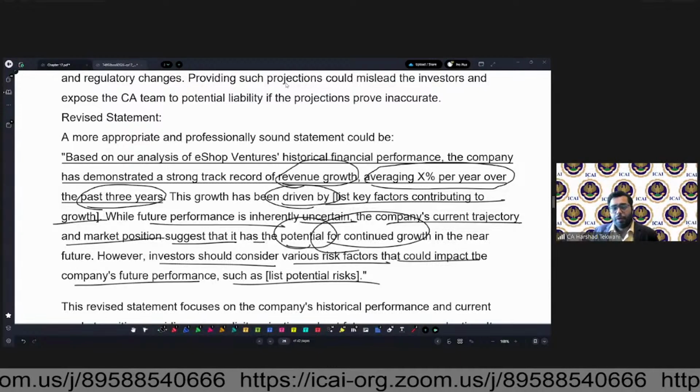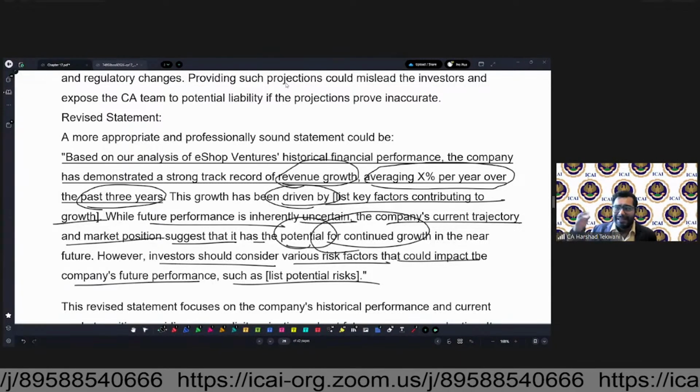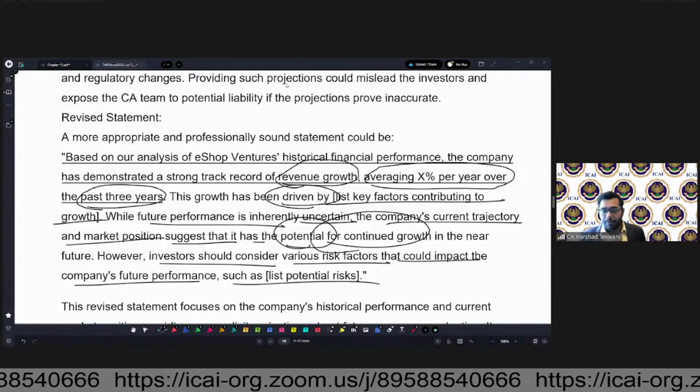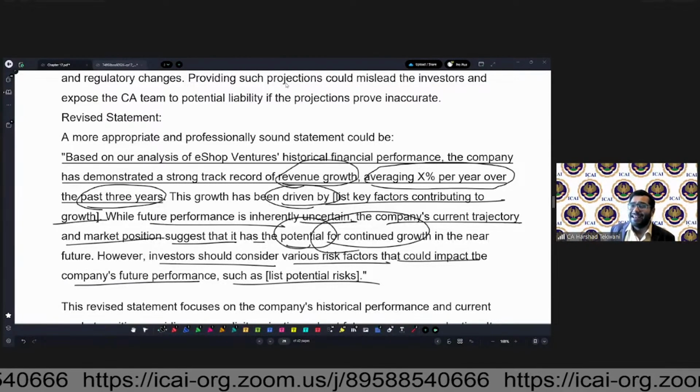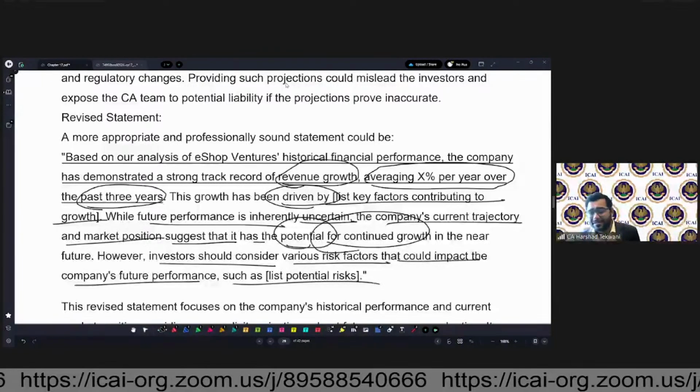Second question: when an investigation requires some understanding with respect to the financial statements, at that point in time, can the investigator put reliance on already audited financial statements?